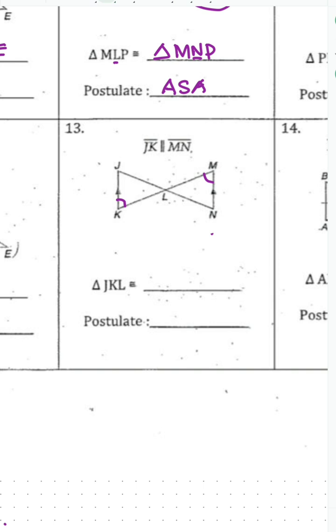AA. Corresponding angles. If we extend the transversal, there's no AA, right? So this one, they form vertical angles, so they are congruent.